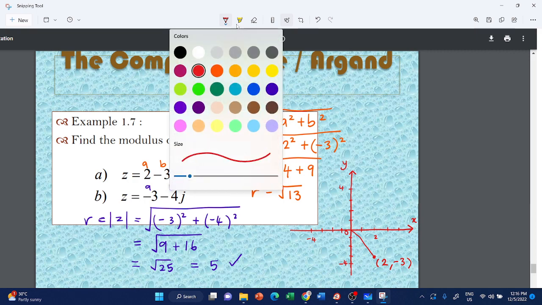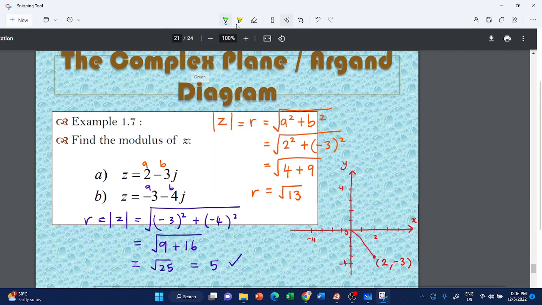Okay, second one. X is negative 3, Y is negative 4. So, it will be here.